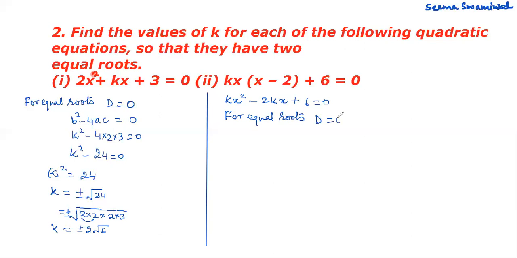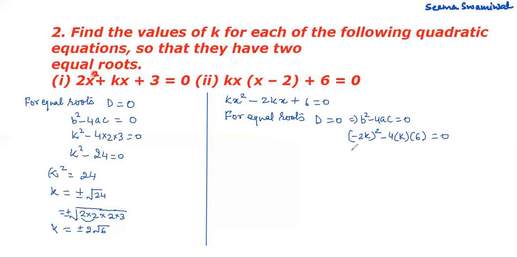D is equal to 0 implies B square minus 4AC is equal to 0. And let's put the value of B, A and C here. So B square means minus 2K whole square. Minus 4, in place of A, you will write down K. In place of C, you will write down 6 equal to 0.